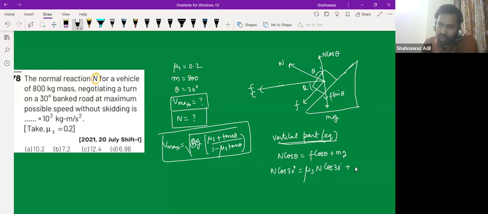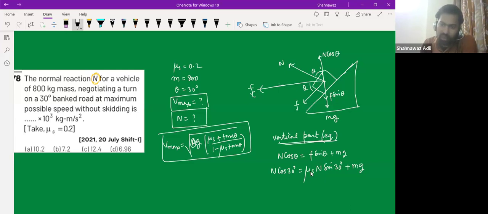And then this is mg, right? So we have to find out this N. This is sin theta, so this is F sin theta. So N we have to calculate.